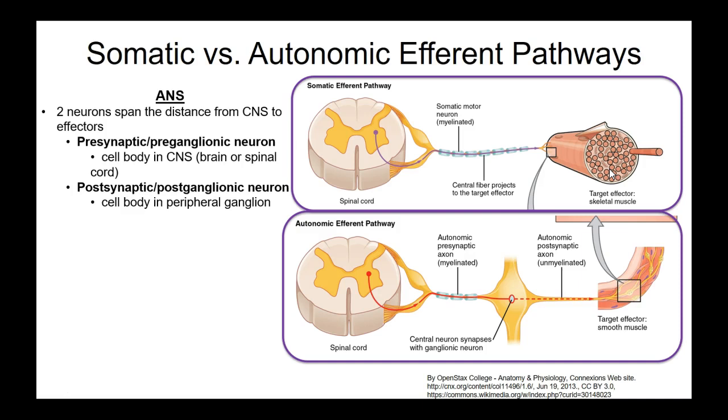So in order for this preganglionic neuron to send its message on to the postganglionic neuron, we're going to have a neurotransmitter to relay that message across the synapse. All right, so here, difference between somatic versus autonomic is that somatic, we had a single neuron spanning the distance from the central nervous system, the spinal cord, to the effector. For the autonomic nervous system, right, we get two neurons to do that.